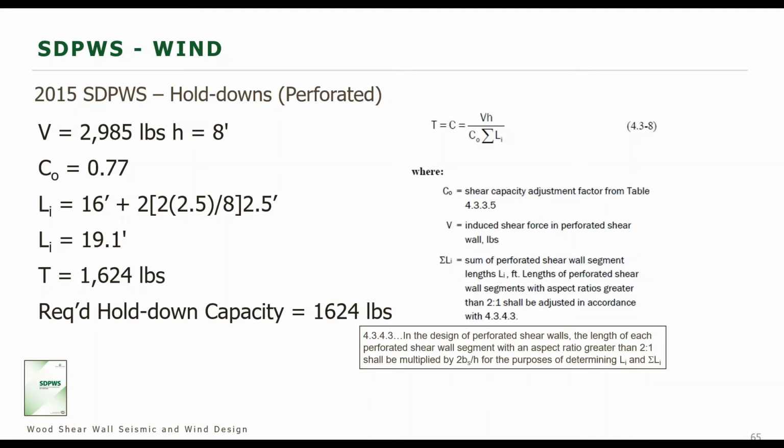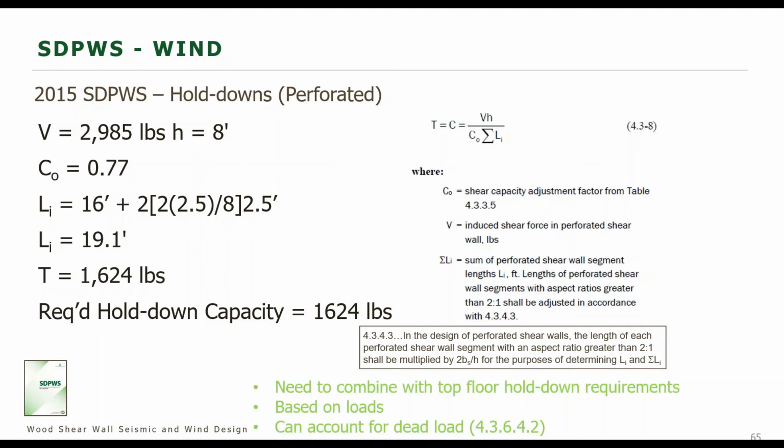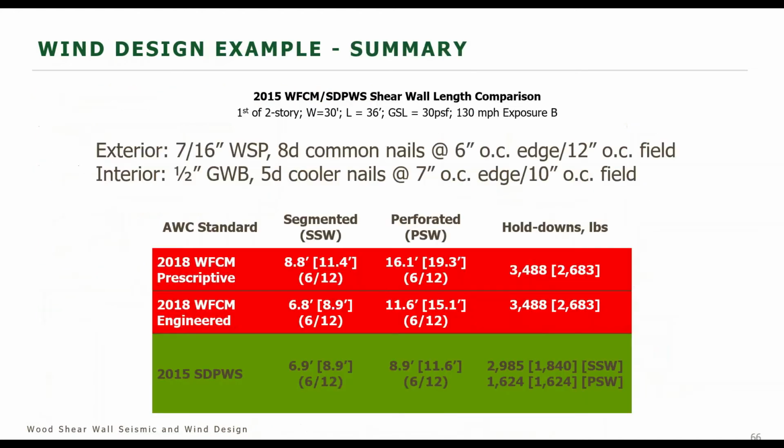For the perforated shear wall, we calculate the hold down capacity using equation 4.3-8 here, and it uses that C sub O value that we calculated, or you can use the value that you got from table 4.3.3.5 if you use the tabulated approach. You see our hold down capacity that's calculated here is 1,624 pounds. We have the same caveats as we saw on the previous slide, so I won't bore you to death with those again.